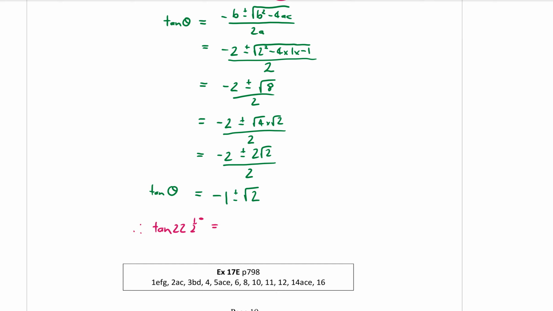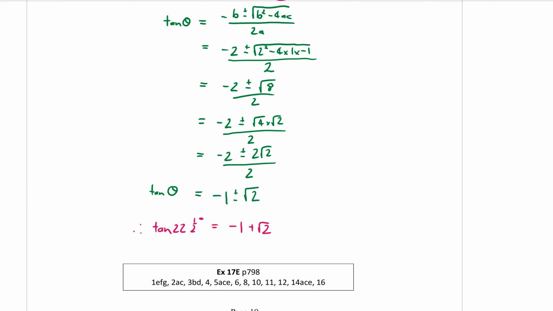Now tan 22.5 degrees is an acute angle. That's in the first quadrant, which means tan of any angle in that first quadrant should be positive. Okay, so which one of these solutions here is positive? It's going to be the negative 1 plus root 2 would give you a positive solution.